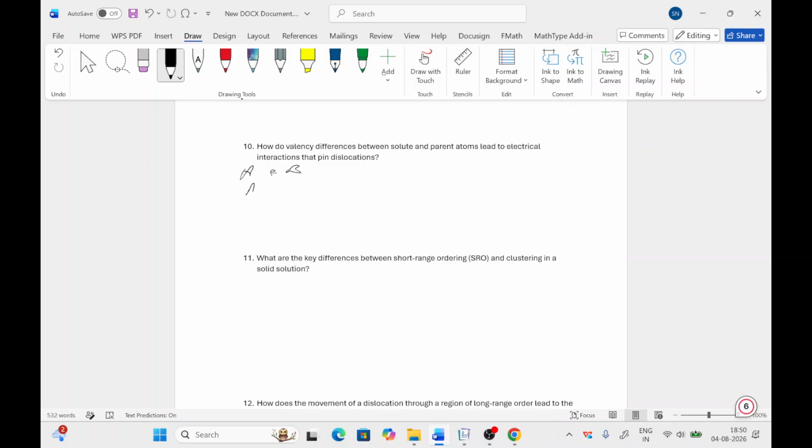If the bonding between A and B is equal to the bonding between AA and BB, there will be random arrangement.